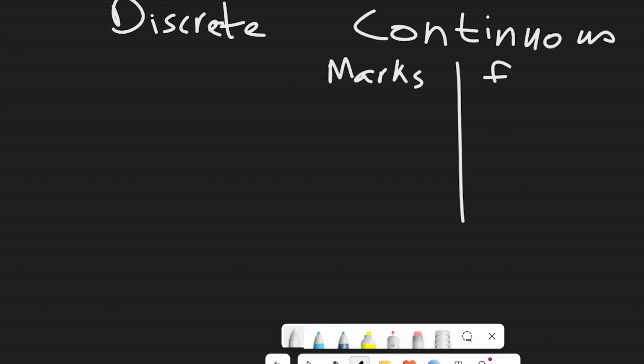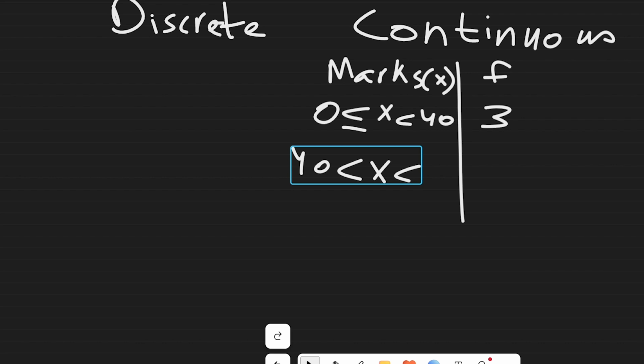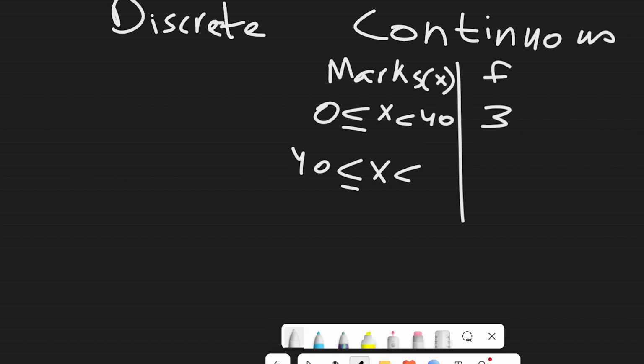Let's say the marks x from 0 up to 40 has a frequency of 3, 40 to 80 is 5, and 80 to 100 is 2.